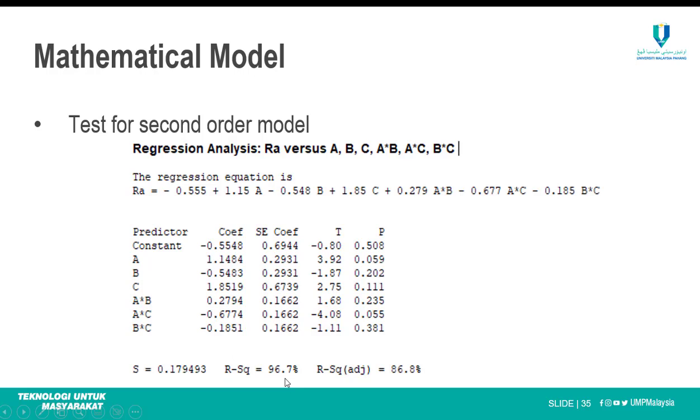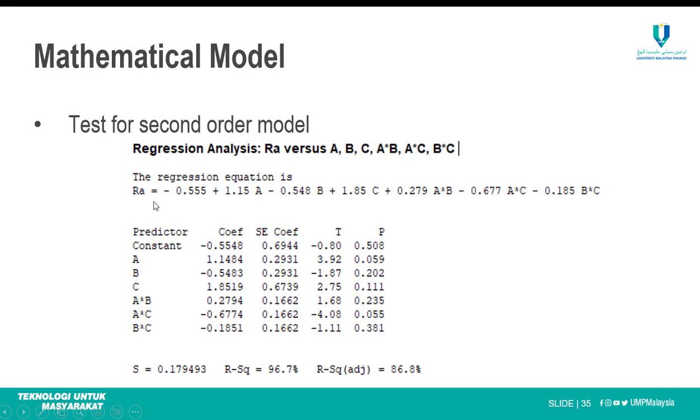That means roughly 96% of the data are located on this model. If we plot the line for this model, around 96% of the data are located on the plotted line, which means that our second order model here is really good. So this can be used to predict the surface roughness.